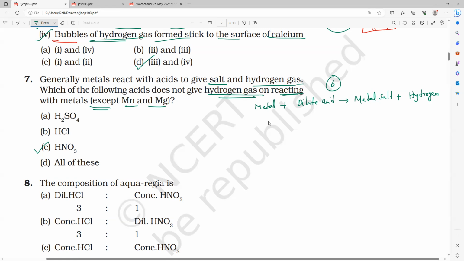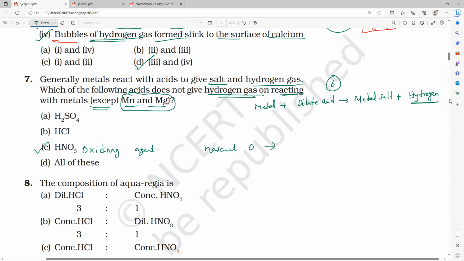Except manganese and magnesium, any remaining metal cannot produce it, because HNO3 is a strong oxidizing agent.